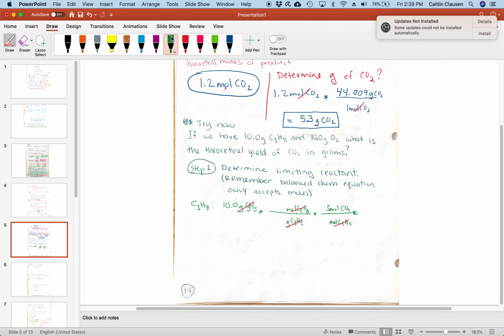We need to calculate the molar mass of C3H8.